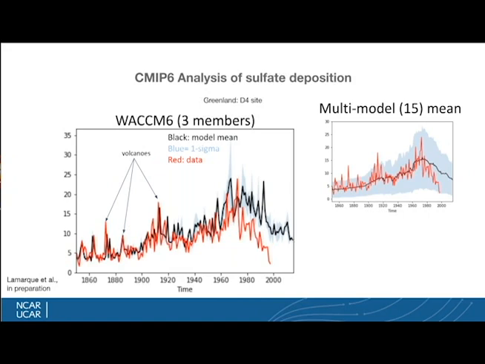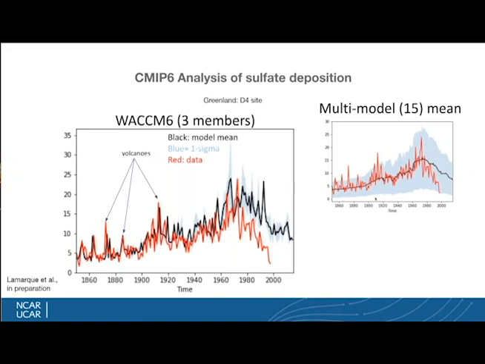But again, different models are doing DMS very differently. So I'm expecting that because the multi-model mean is still much higher, there is something specific in the anthropogenic emissions.